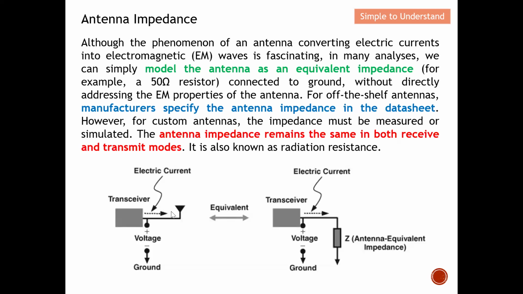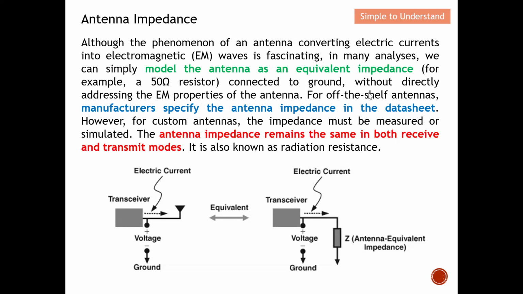In this diagram, you can see that this is an antenna, and we can easily model this as a 50 ohm resistor. This simplifies the analysis of the antenna, simply by converting the antenna into an impedance.